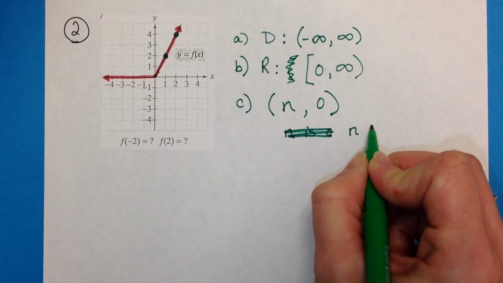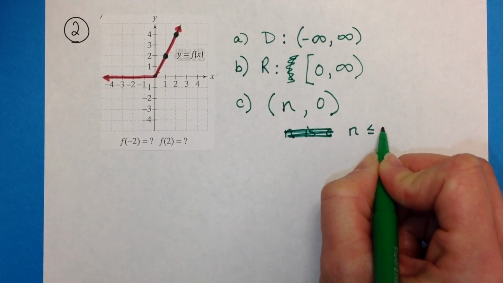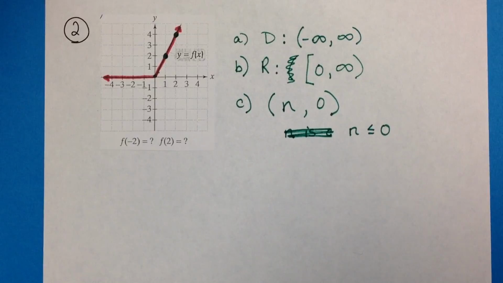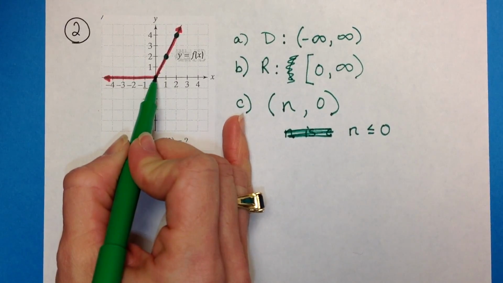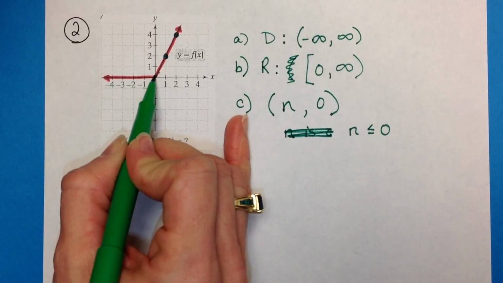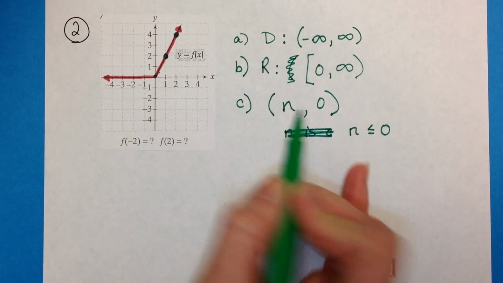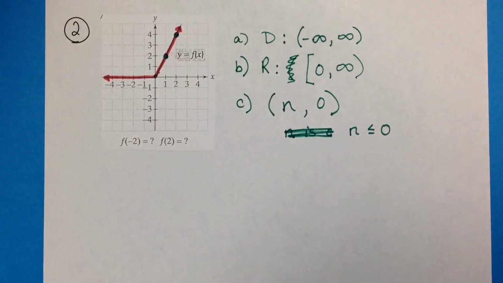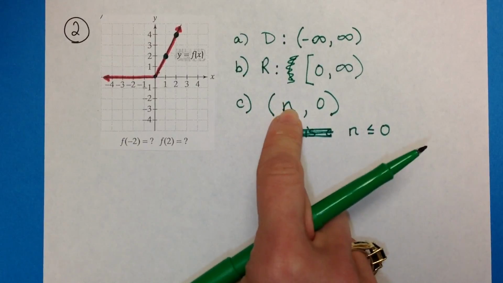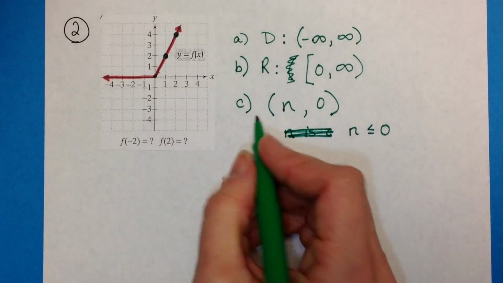Let's just say that n is less than or equal to 0. So see, that would be from here this way. I'm just letting n represent a number. n could be any number less than 0 would be a number that you could put here that would be correct.